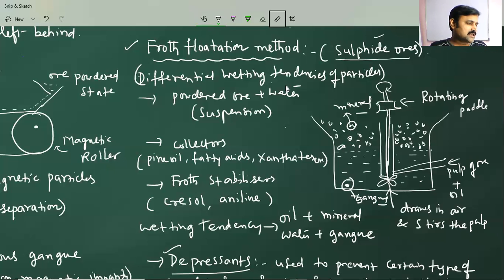If you observe this paragraph, you will get an idea about how we can concentrate sulfide ores. That is one point in the discussion.